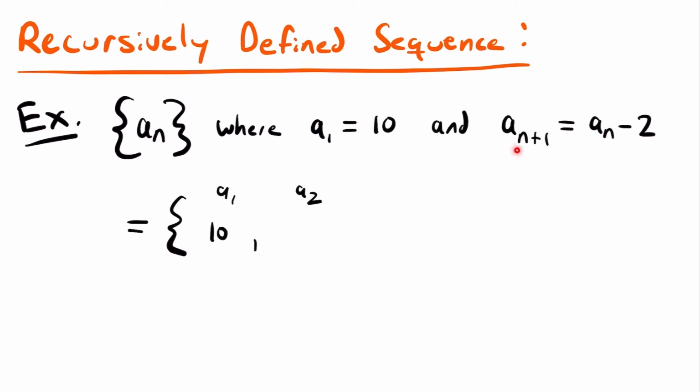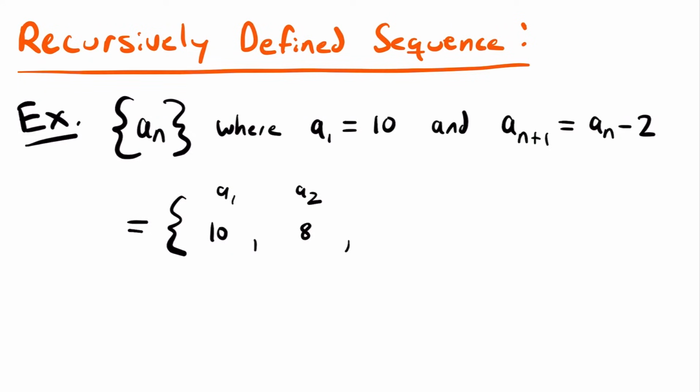And so if a sub n is a sub 1, then a sub n plus 1 will be a sub 2. And so we can find a sub 2 by taking a sub 1 and subtracting 2. That's what this equation right here is telling us. We can take the previous term, subtract 2 to get the next term. So a sub 2 will be equal to 10 minus 2. And 10 minus 2 is equal to 8.